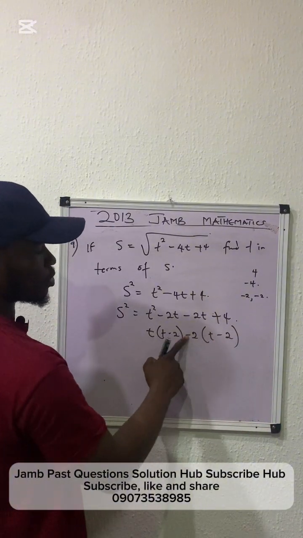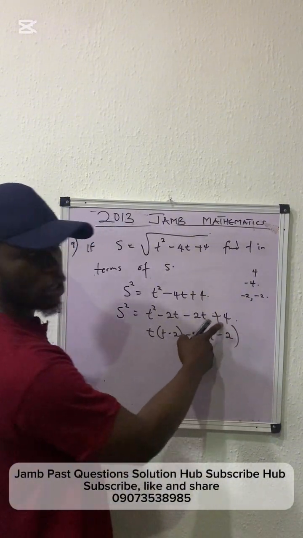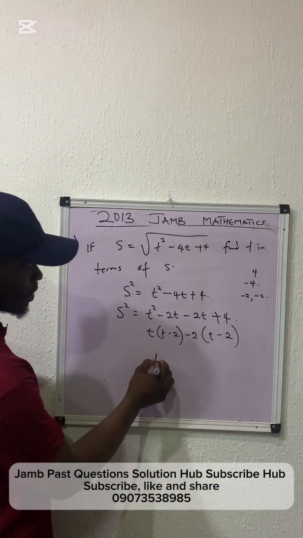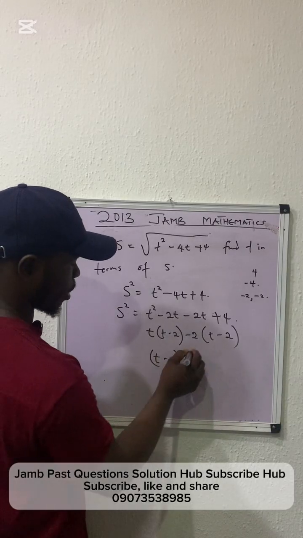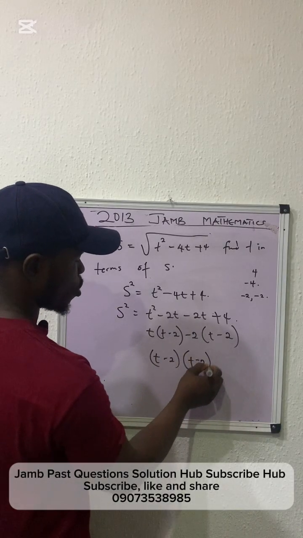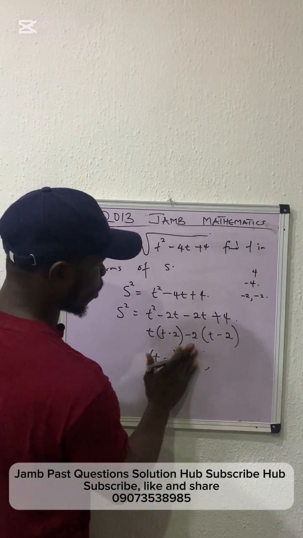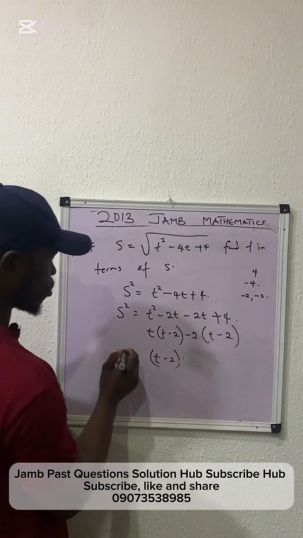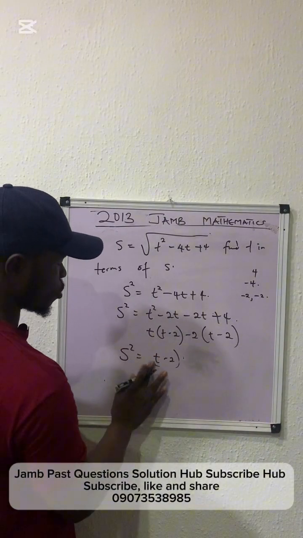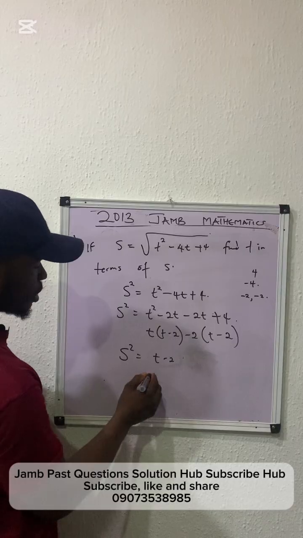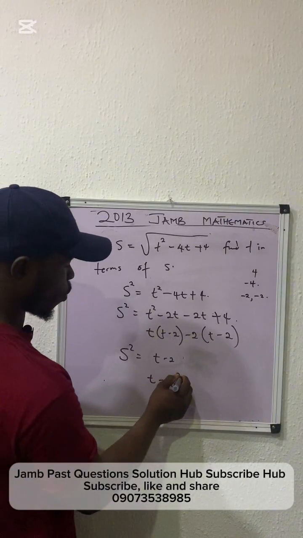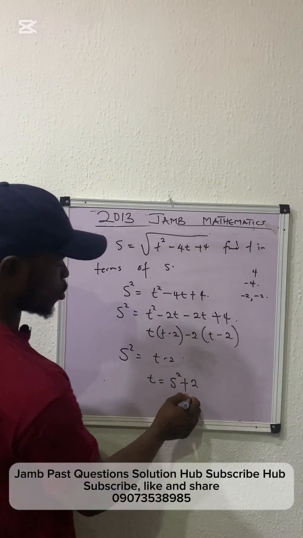Minus times minus gives us plus. So that is t minus 2 bracket t minus 2. Since both are the same, we can just take one and say t minus 2. S squared is equal to t minus 2, of which we say t is equal to S squared plus 2.